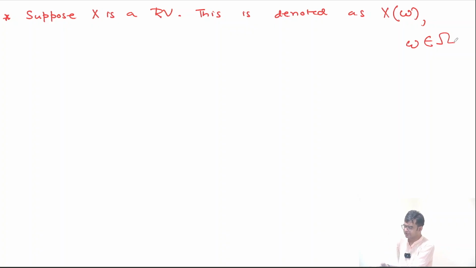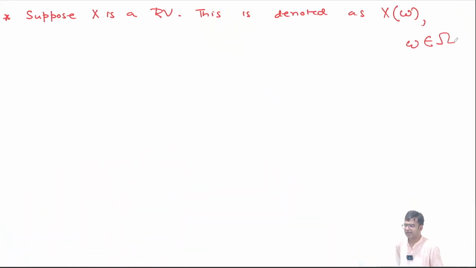X, I already told you, is a random variable. Let's assume X to be some arbitrary Gaussian with mean mu and standard deviation sigma. Small omega in that case you can assume to be standard Gaussian, zero mean and unit variance.